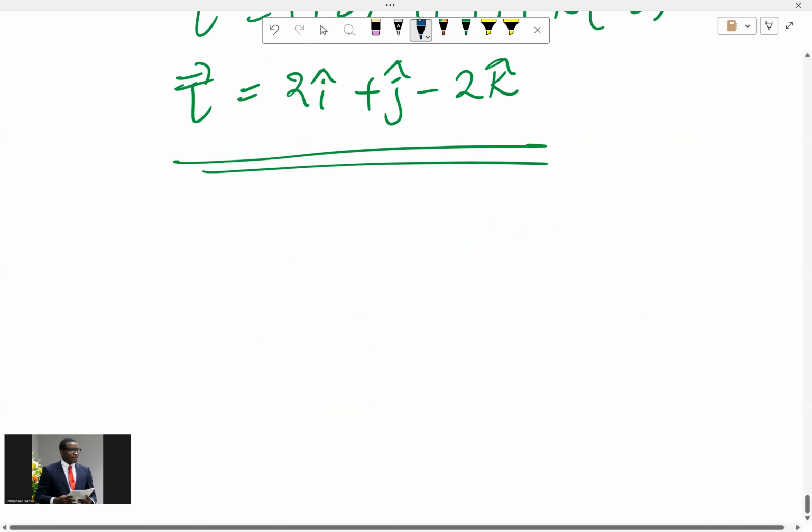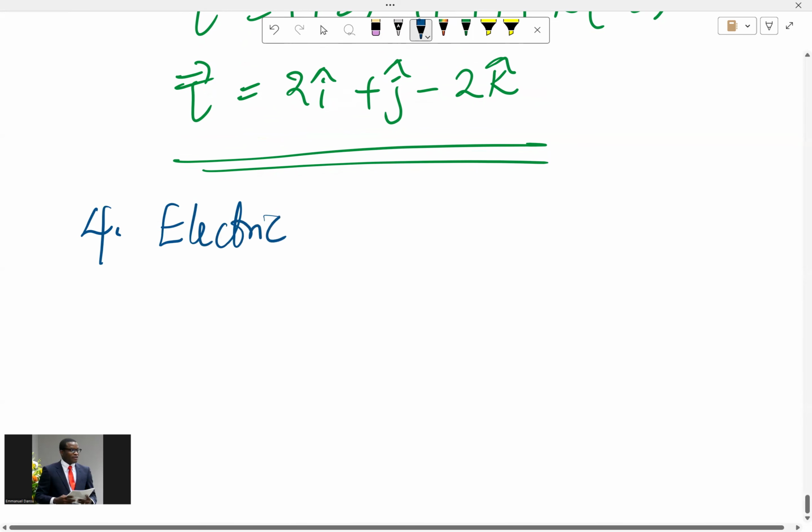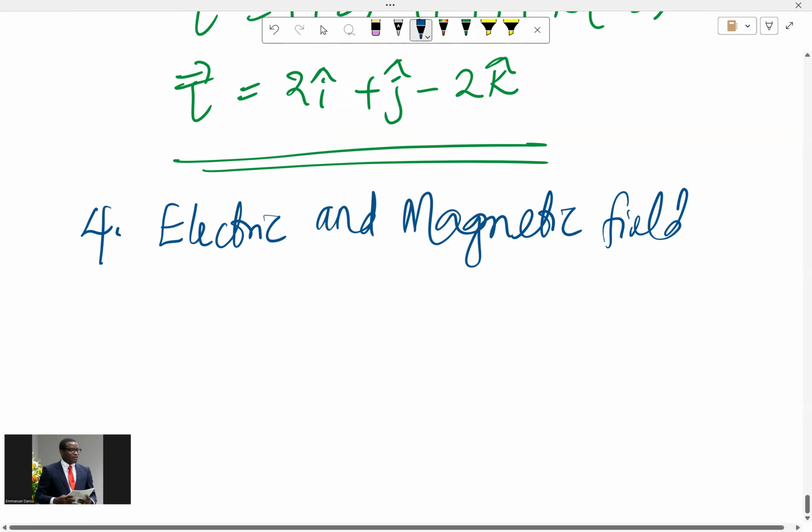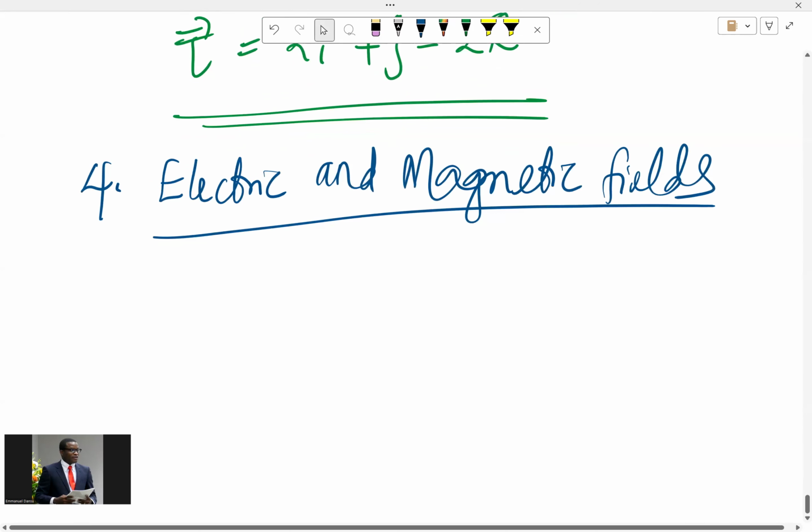So 4, we have electric and magnetic fields. You can see how vectors can be really useful in all these areas. Electric and magnetic fields.